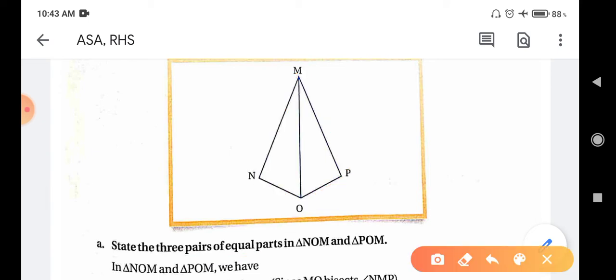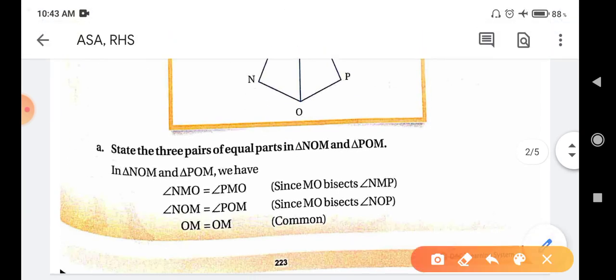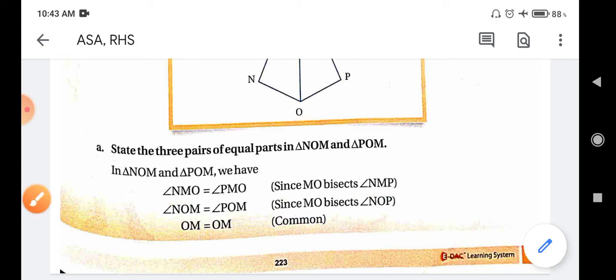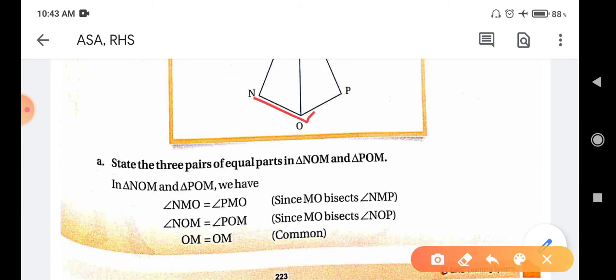We are given that MO is bisecting this angle and this angle. So we can say that angle NMO and angle PMO are equal because MO bisects angle NMP. And similarly, MO is bisecting angle NOP, so we can say that these angles, NOM and POM, are also equal because MO bisects angle NOP.